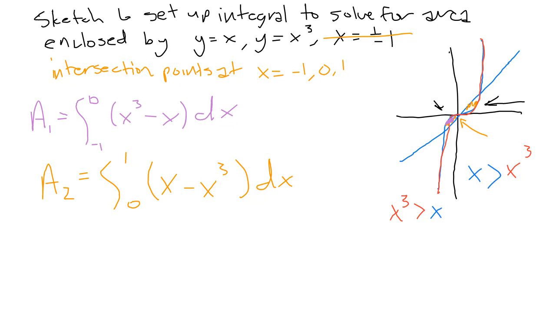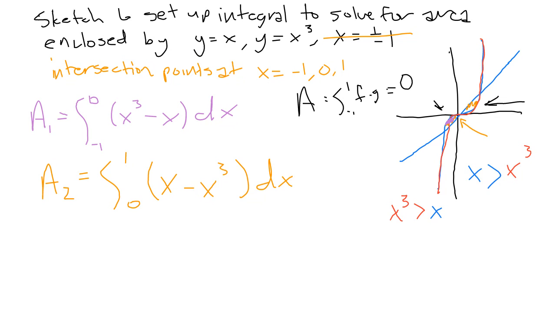So if we just did the area equal to the integral from -1 to 1 of f minus g, that would just get us 0. This is showing us both pieces that we're going to need to actually solve this.